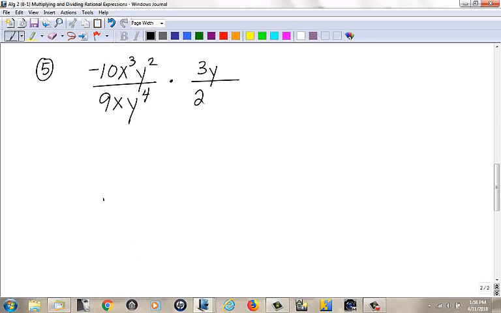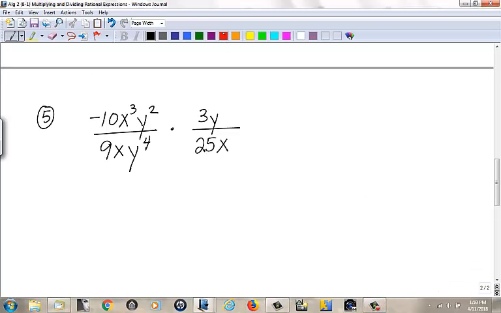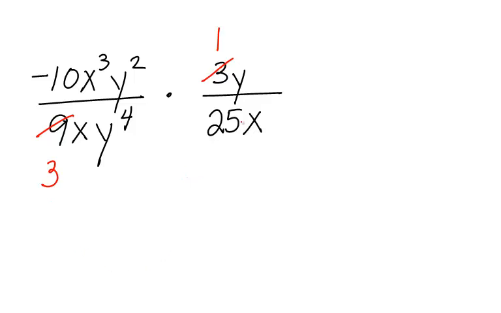Down in the denominator is 25x. Okay, so if we reduce this, the order that you reduce it doesn't have to be like mine, but your final answer should be the same. I could reduce the 3, and 3 goes into 9 3 times. Yes, I'm doing it one at a time.